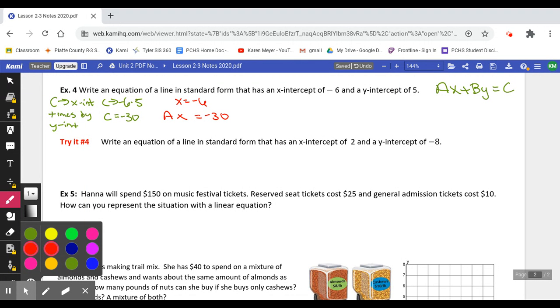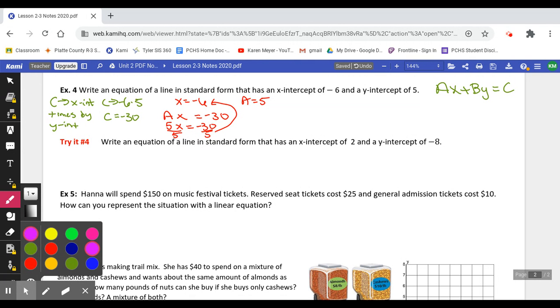So you have to think, well, okay, what number could I plug in for a that when I divide both sides, I would come up with the answer of negative 6? So hopefully everybody would say, oh, well, if I have 5x equals negative 30 and I divide both sides by 5, I would get the answer of negative 6. So that tells me right now that a has to be 5.